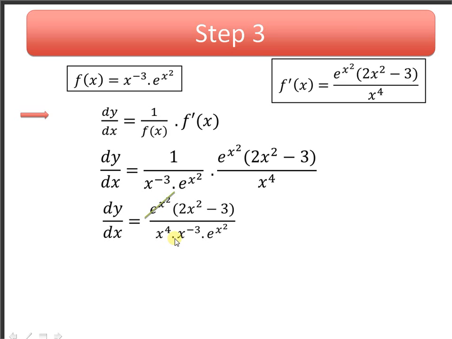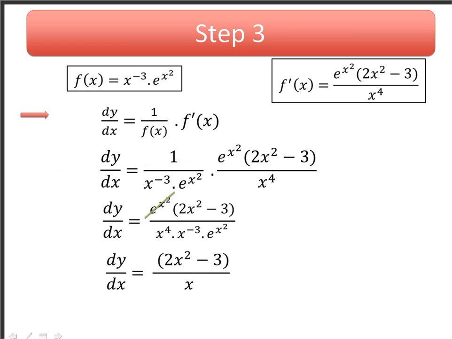We learned earlier that we can multiply these values together simply by adding their powers together through the rules of indices, so that we have x to the power of 4 plus minus 3, which is the same as x to the power of 4 minus 3, which is equal to x to the power of 1, or x. So after all of that, we are left with dy dx is equal to 2x squared minus 3 over x. Now isn't that a lot neater and easier to read than this big thing up here?